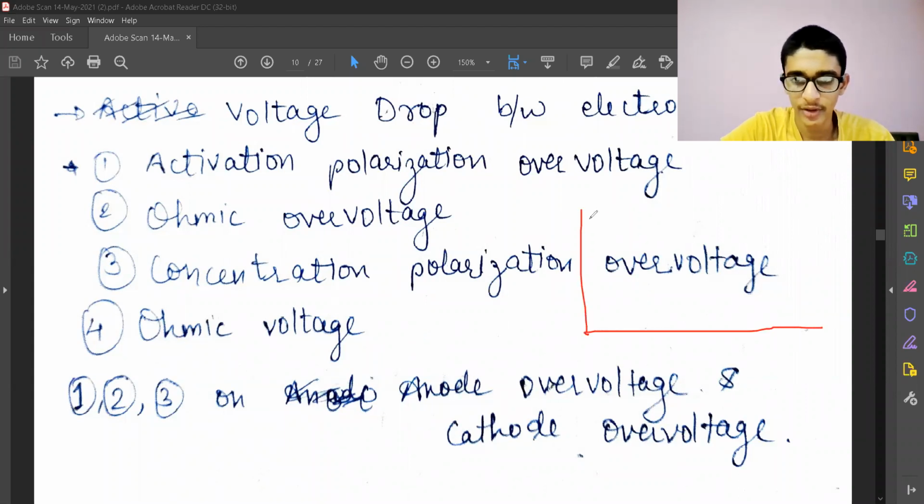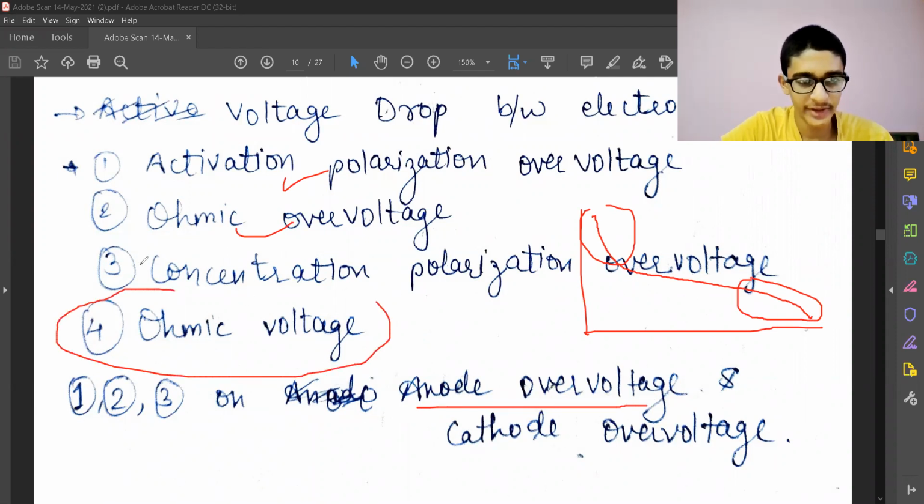So the voltage is going to drop something like this. So the major drops are this ohmic voltage and the overvoltages. And this ohmic voltage, the fourth factor, is actually this small part.